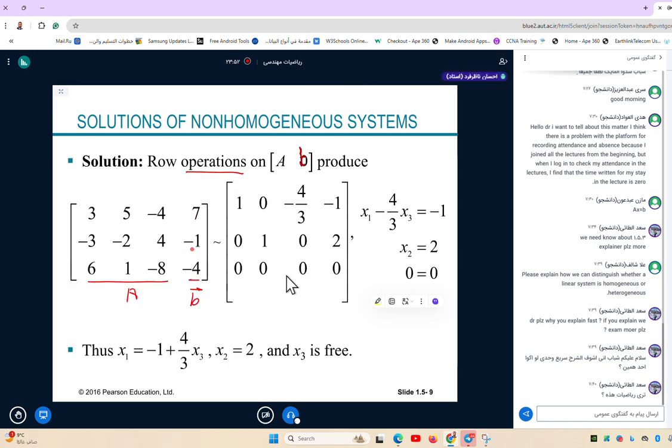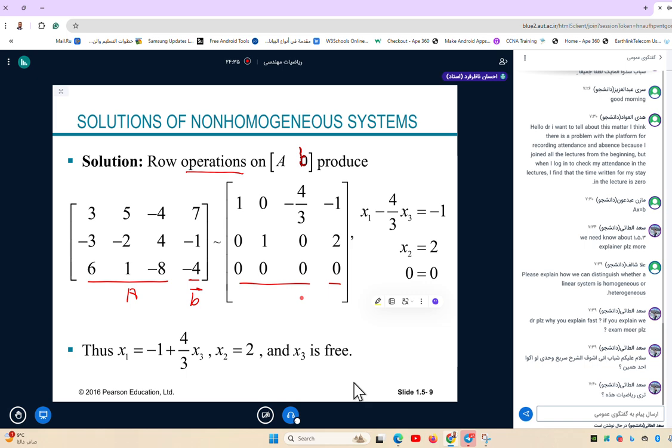If you do some row operations, we already saw the reduced form of the matrix, and the corresponding last column will be -1, 2, and 0. If you follow those steps, I'm not going to go through that once again. So we come to this one: 1, 0, -4, -1; 0, 1, 0, 2; 0, 0, 0, 0.